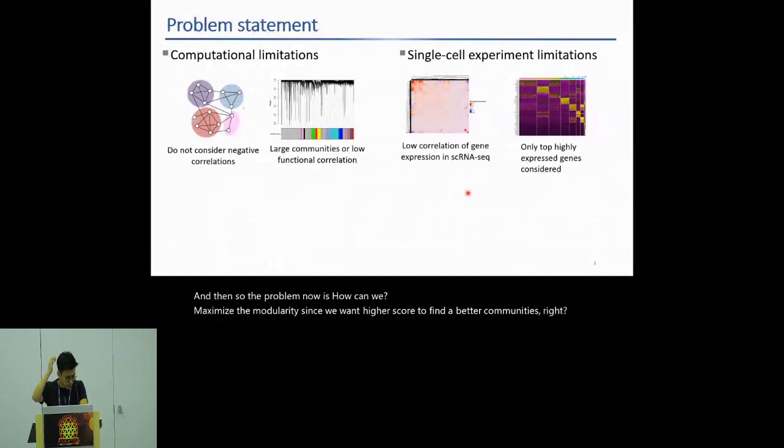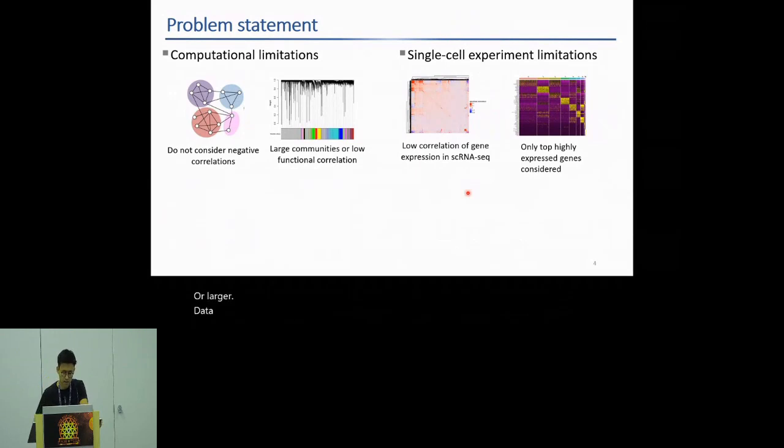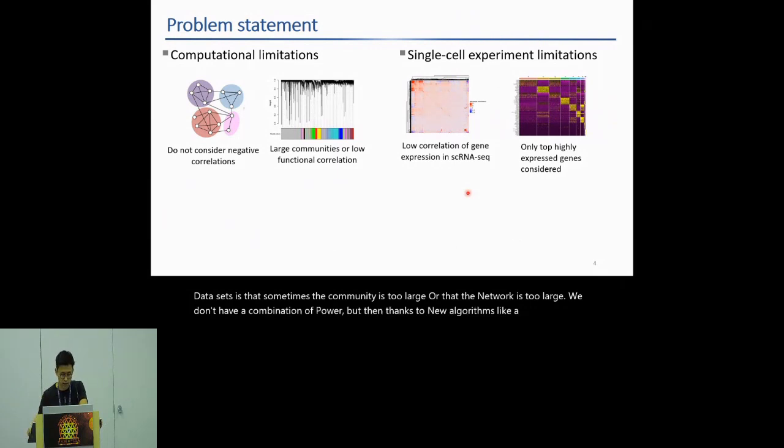But the problem with single cell or larger data sets is that sometimes the network is too large and we don't have the computational power. Thanks to new algorithms like Louvain and Leiden, we have much more power computationally. But single cell also brings the problem of sparsity, dropouts, and low correlation, since we don't have much signal.